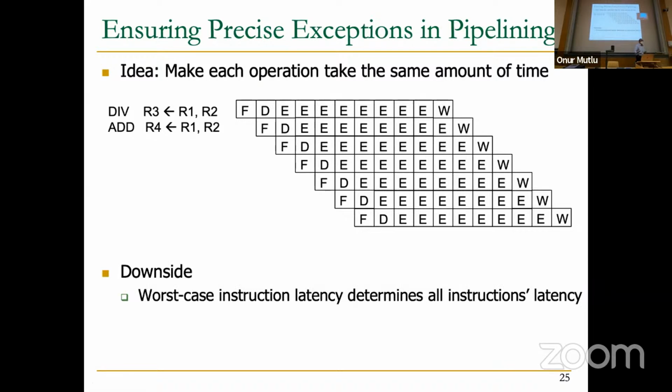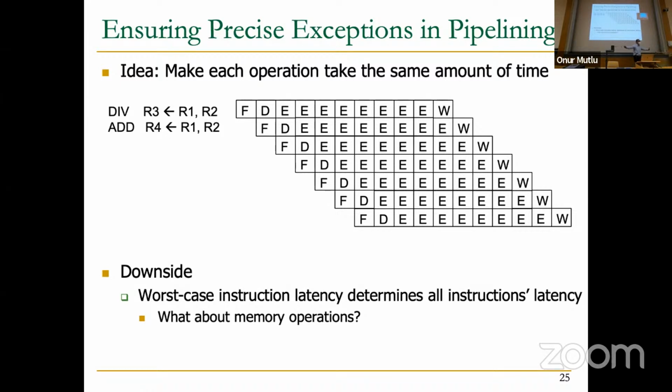Now, worst case instruction latency determines all instructions' latency. You cannot finish some instructions early and not worry about them. Memory operations could take, for example, 500 cycles, or some memory operations may take 1,000 cycles. So where do you stop here? How long should your pipeline be?